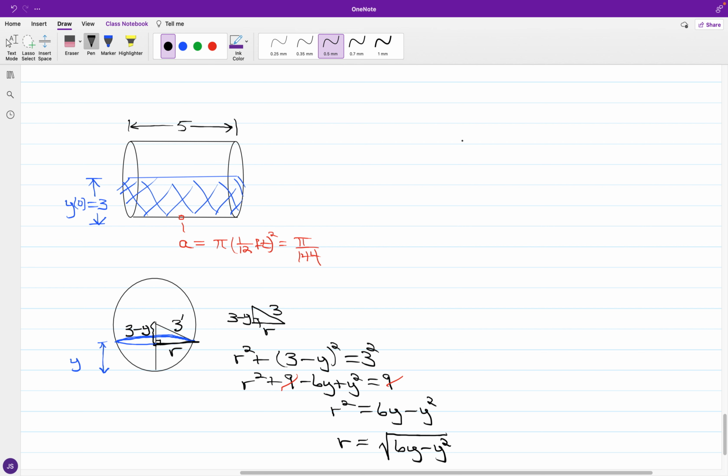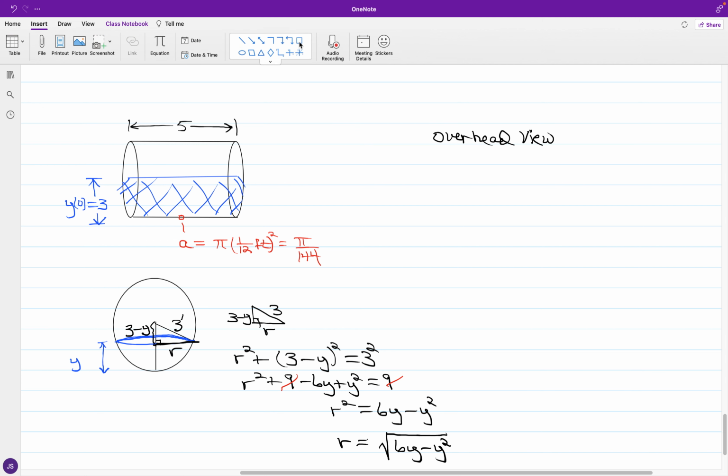Now, where the cross-sectional area comes in, we have the overhead view. When we had hemispherical and spherical tanks, the overhead view was circular.